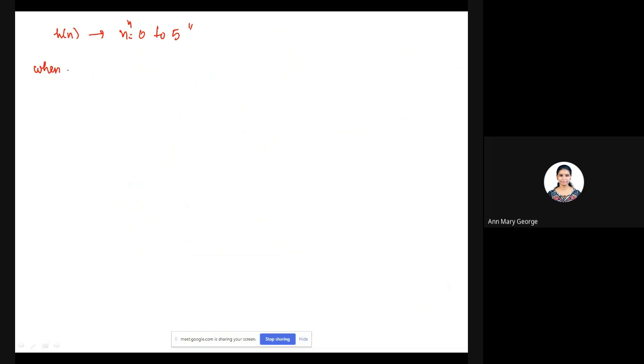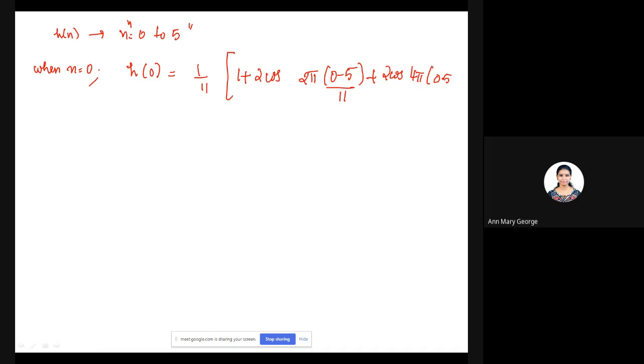When n equal to 0, we will get h of 0 as 1 by 11, 1 plus 2 cos 2 pi 0 minus 5 by 11 plus 2 cos 4 pi 0 minus 5 by 11.